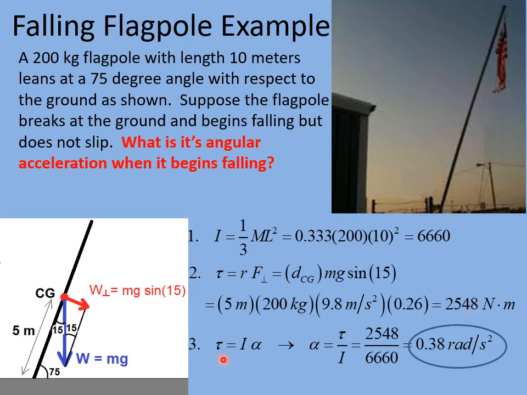Finally, using Newton's second law, torque equals I alpha, the angular acceleration alpha is the torque, 2548, divided by I, 6660, and that gives us an initial angular acceleration of 0.38 radians per second squared.